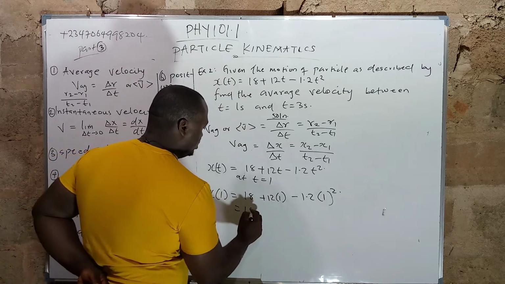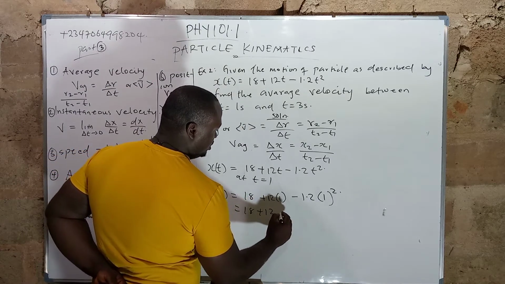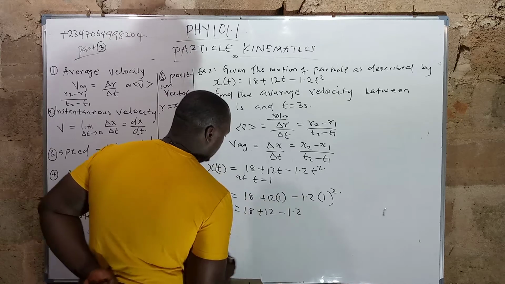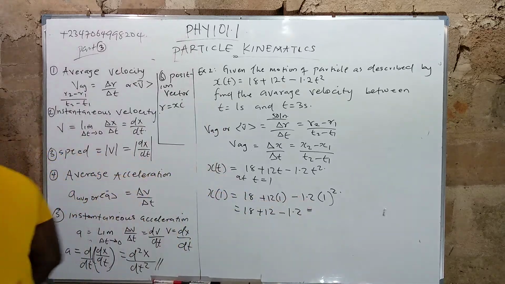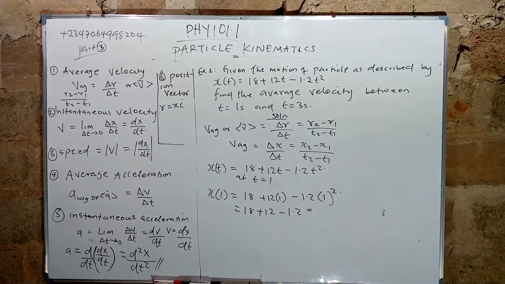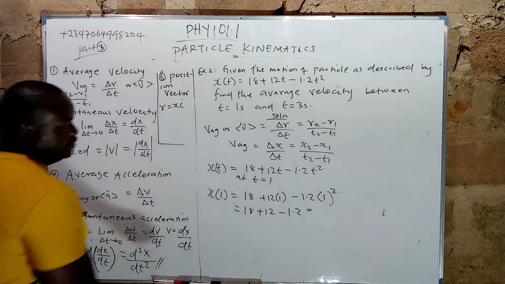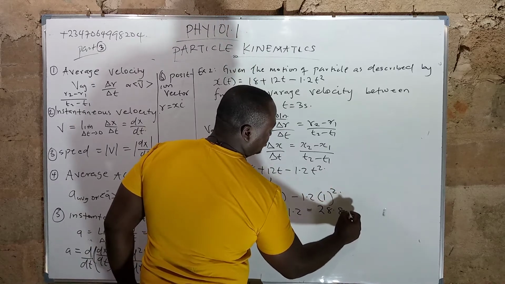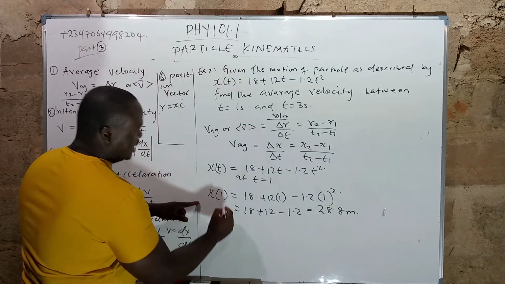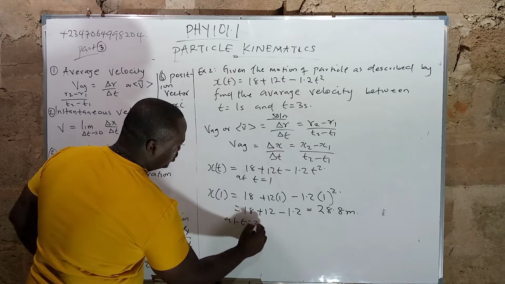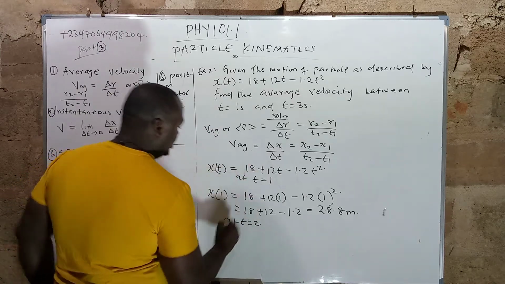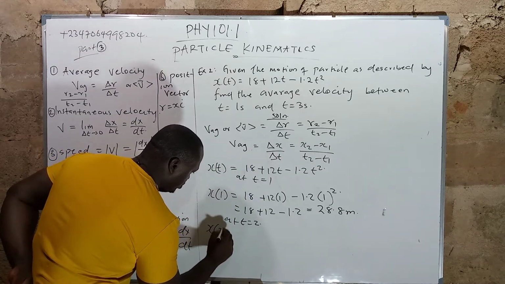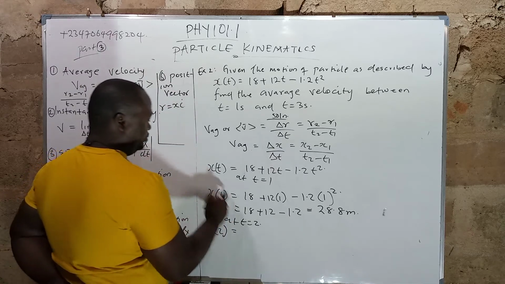This should give you 18 plus 12 minus 1.2, which is 28.8 meters. The next step is at t equals 2.